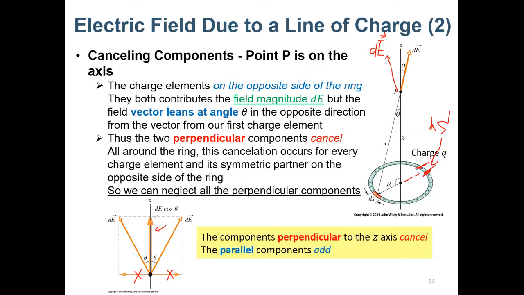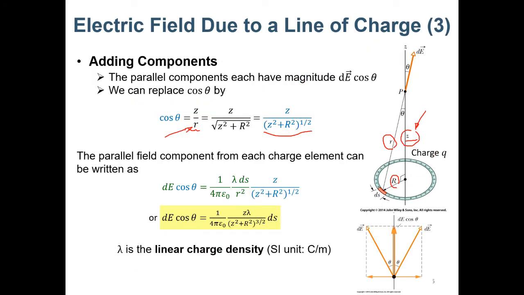So now we have dE cosine theta, and you can just substitute cosine theta into here. And what is dE? dE is nothing but lambda ds over r squared. Why is it like this?